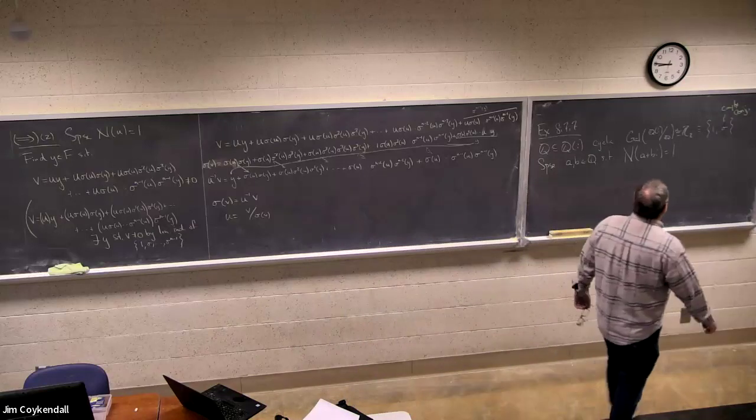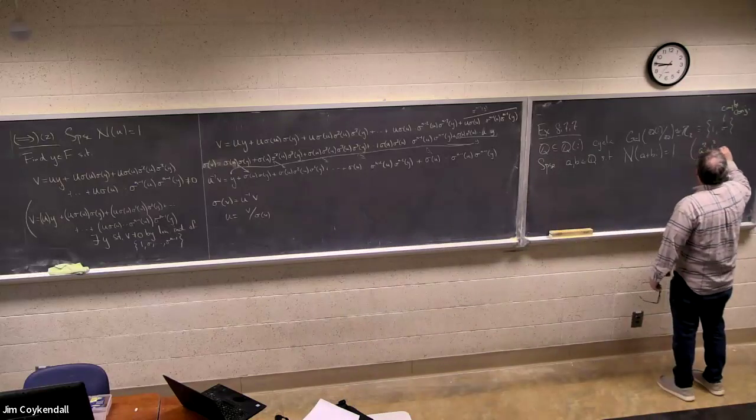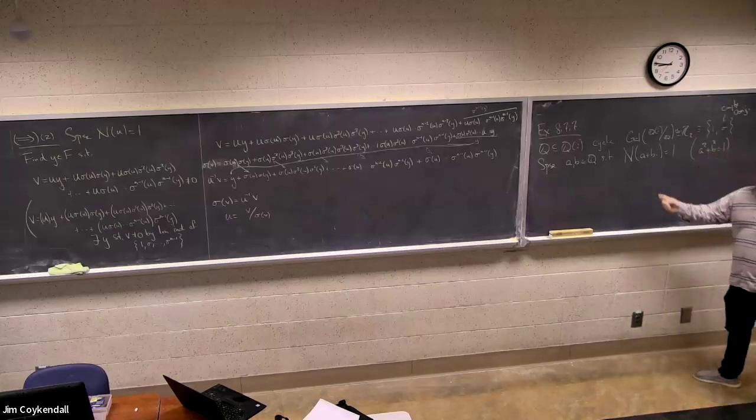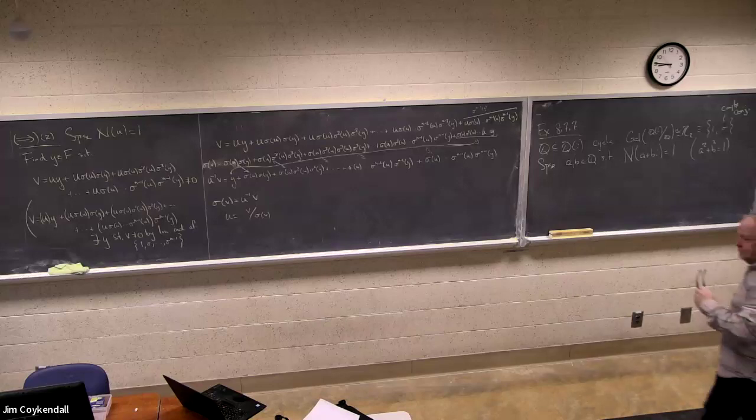So in this situation, the norm of this is a plus bi times a minus bi, which is a squared plus b squared. So suppose I have a and b such that the norm of a plus bi equals 1. This is a rational point on the unit circle. You can think of it that way.